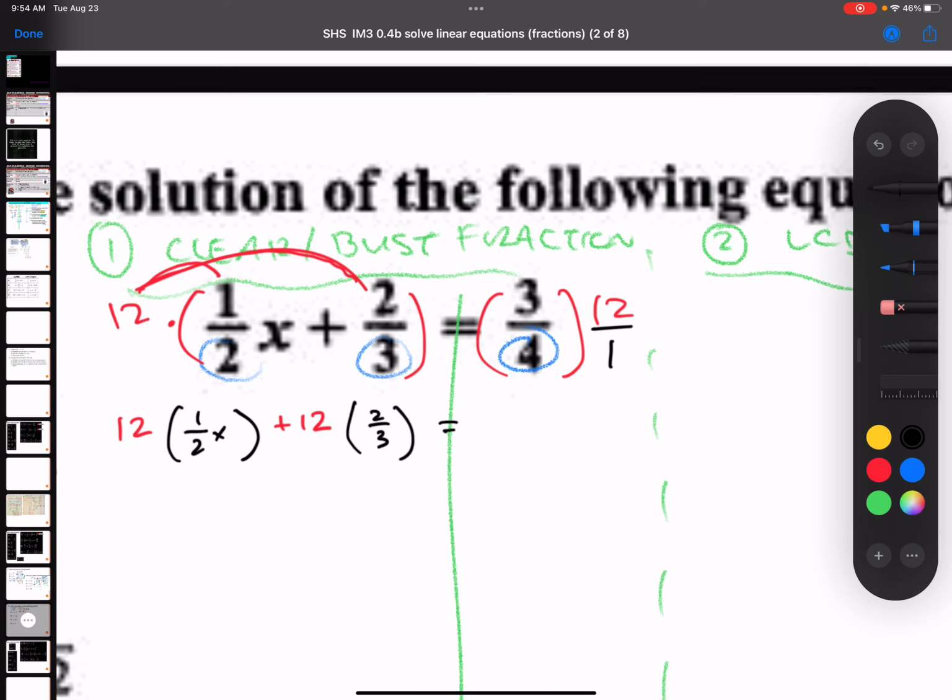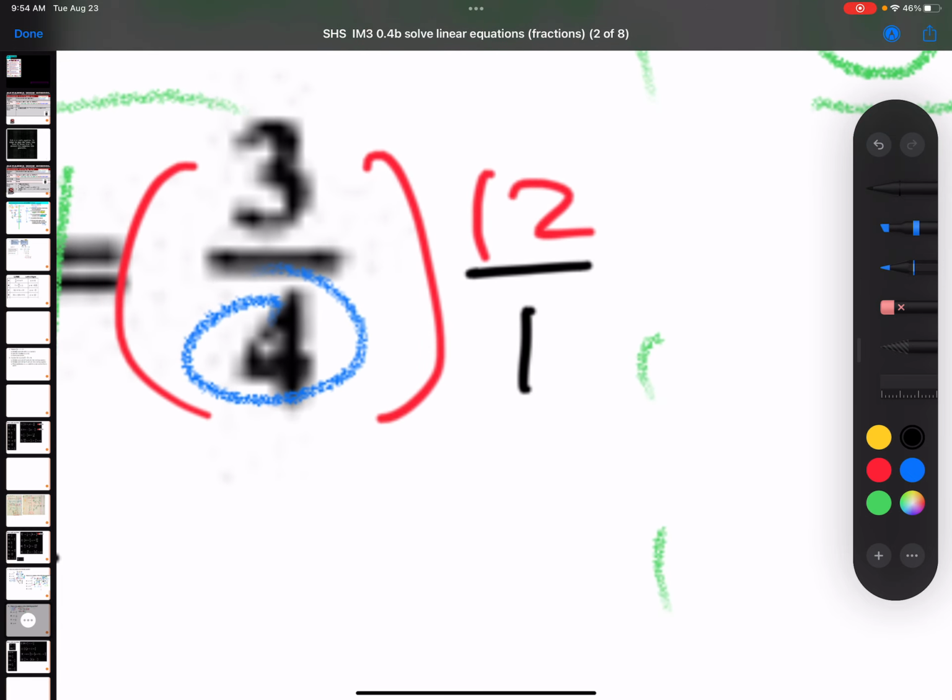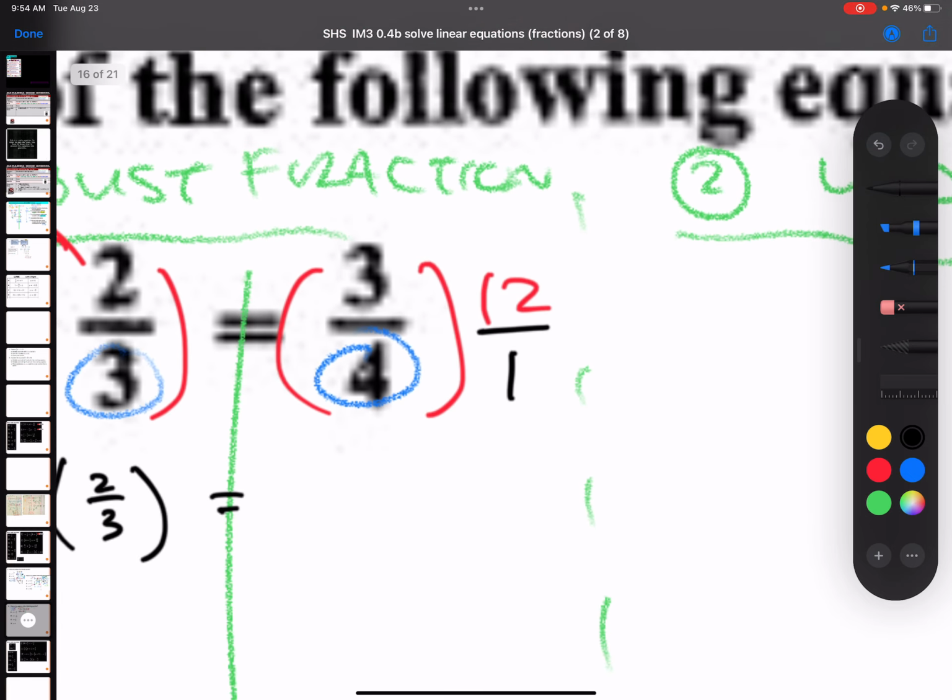Now, a student asked me this yesterday. Let's simplify the right side. Sorry, it's blurry. To make 12, I can use factors of 4 times 3. But to do that, you have to cross off the 12. So 12 is the same thing as 4 times 3. Why did I do that? So I can cancel the 4s.